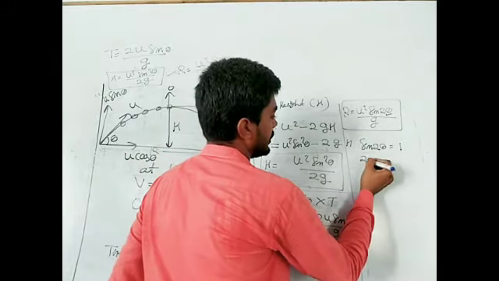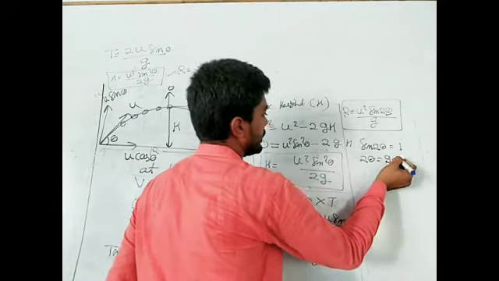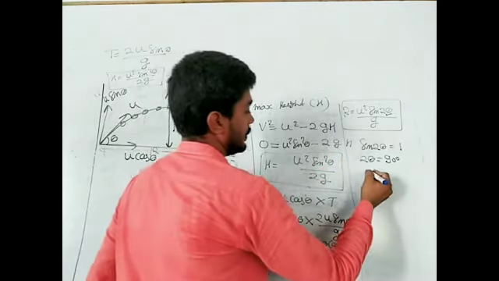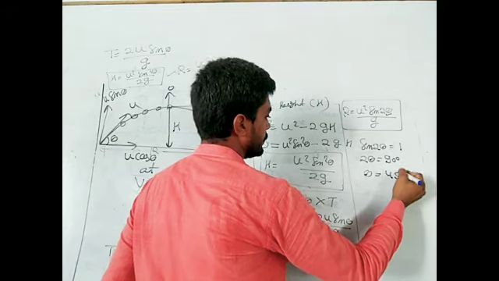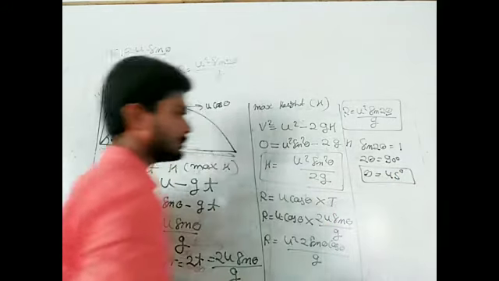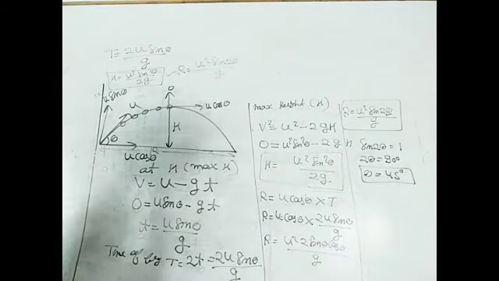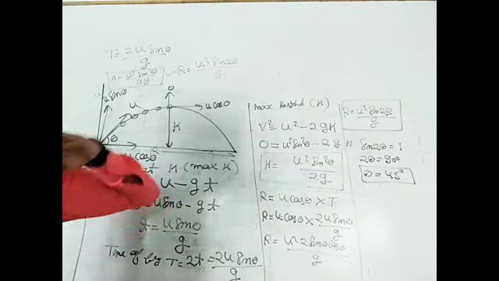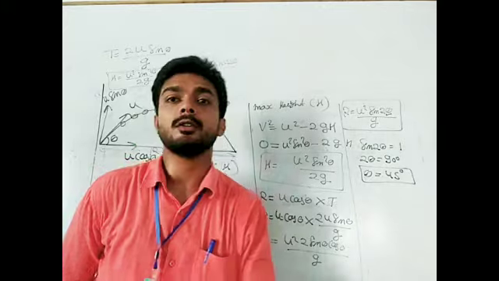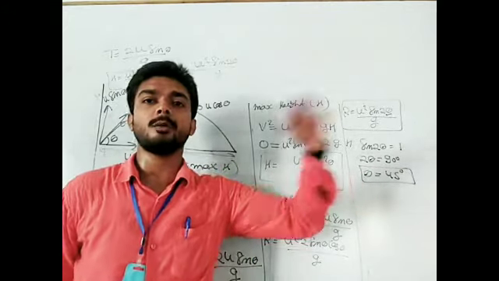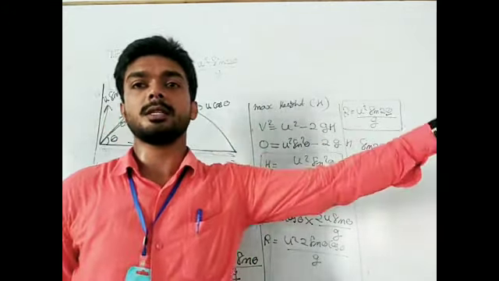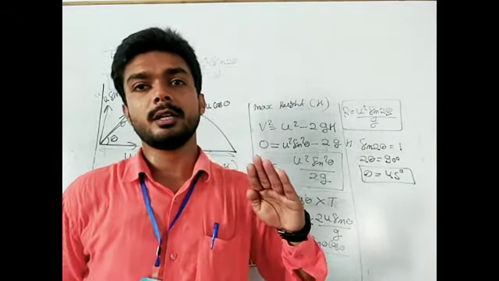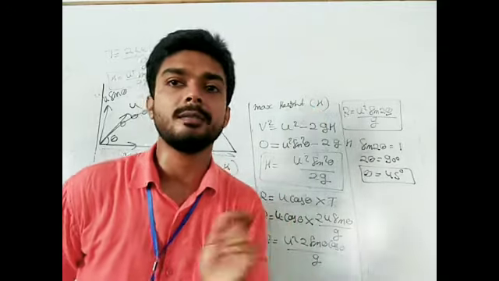From here you get 2 theta is equal to 90 degree, because sin 90 degree is equal to 1. This gives theta is equal to 45 degree. So for maximum range, you should throw the object at the angle of projection 45 degree.